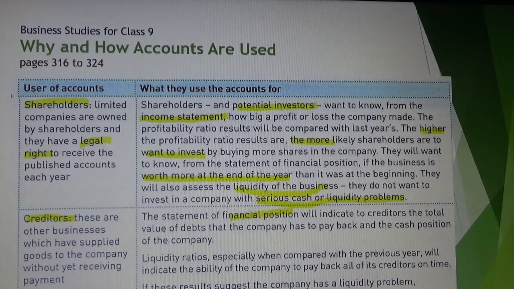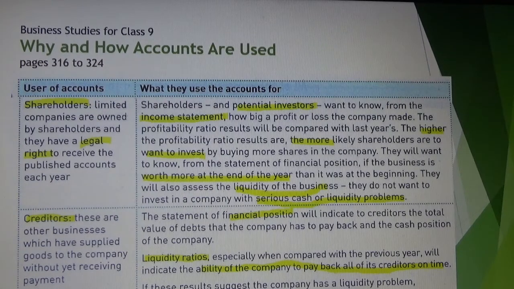Liquidity ratios, especially when compared to the previous year, will indicate the ability of the company to pay back all its creditors on time. If these results suggest the company has a liquidity problem, suppliers may refuse to supply goods on credit. Of course, they will be a little bit scared.